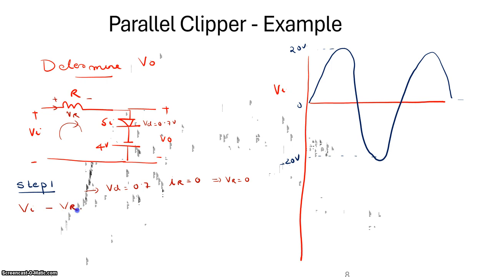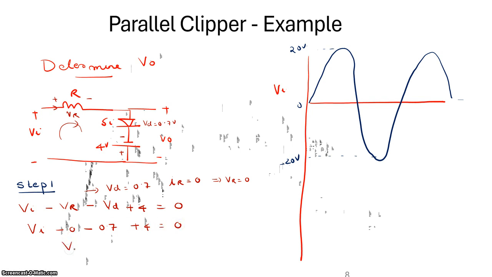So minus VR, plus to minus, minus VD, and minus to plus, plus 4 should be equal to 0. So it is VI minus 0 minus 0.7, because you are using a silicon diode, plus 4 should be equal to 0.